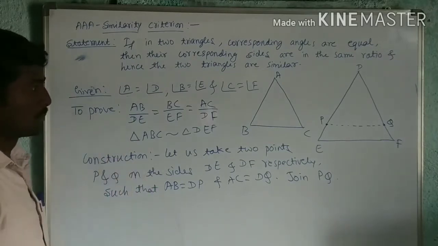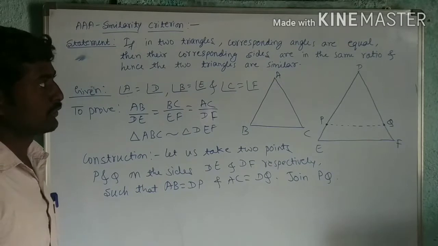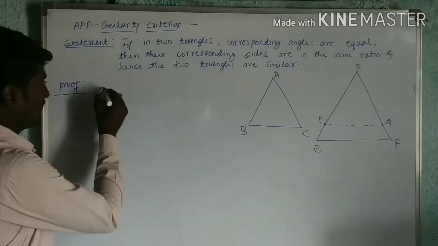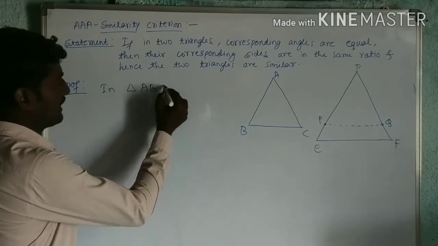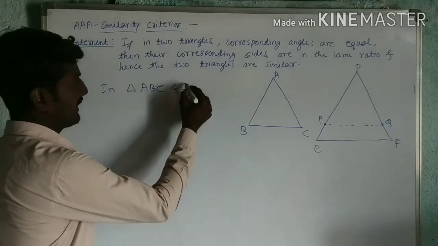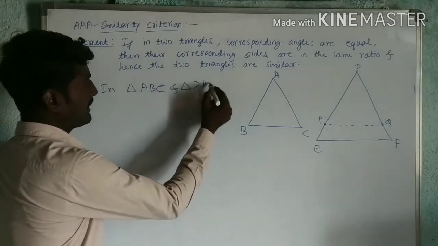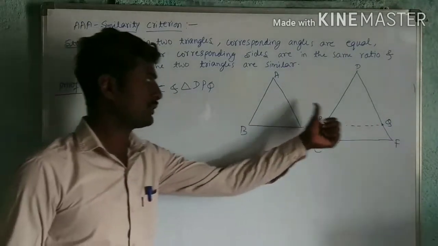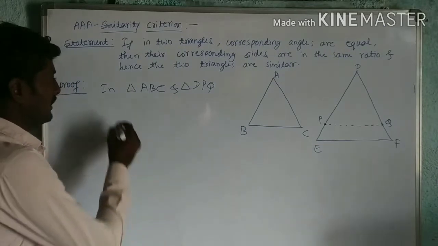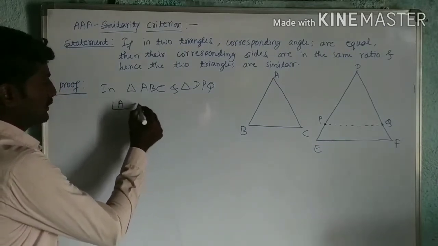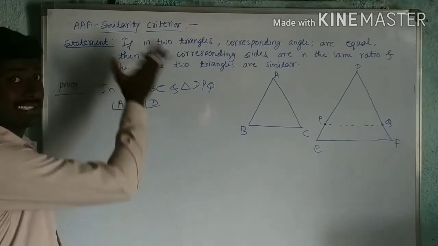Next, this to prove. Then let us give the proof for this. In triangle ABC and triangle DPQ, in these 2 triangles, now here angle A is equal to angle D, because this is the given condition.